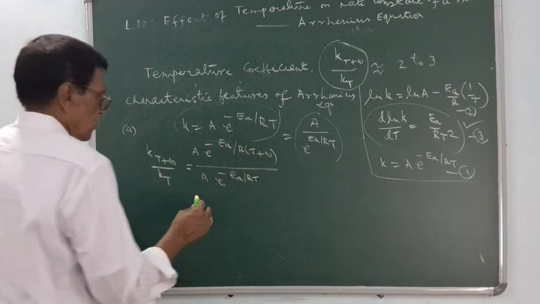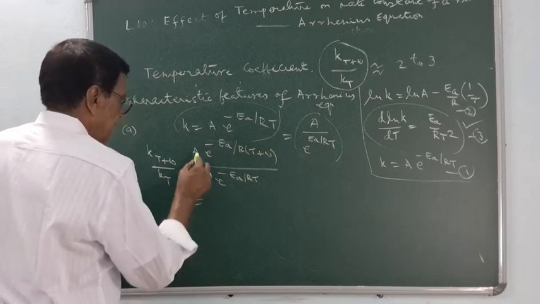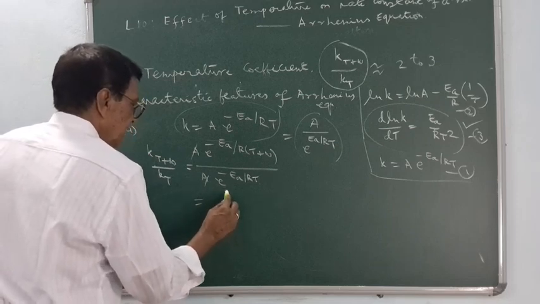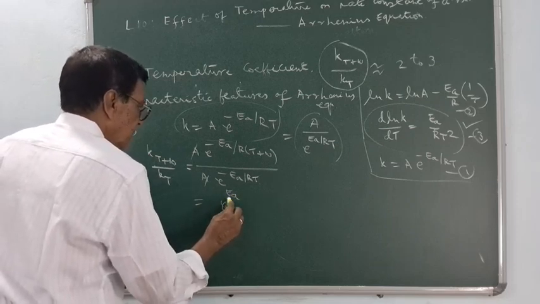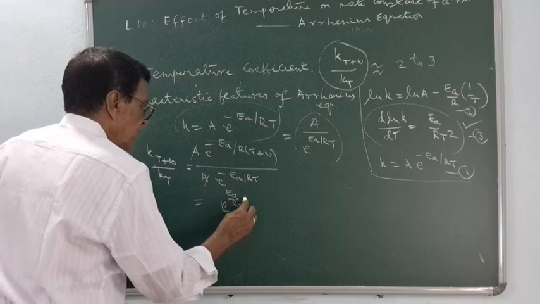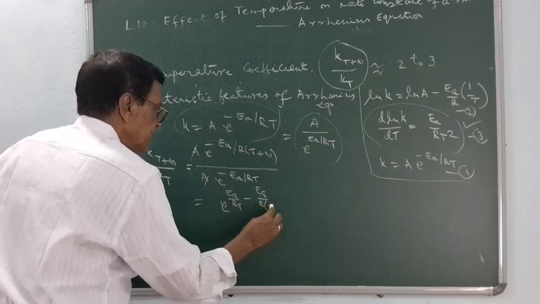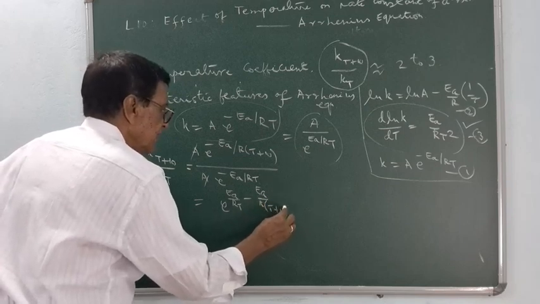If we solve, then A cancels, and we get e to the power Ea by RT minus Ea divided by R into (T+10).